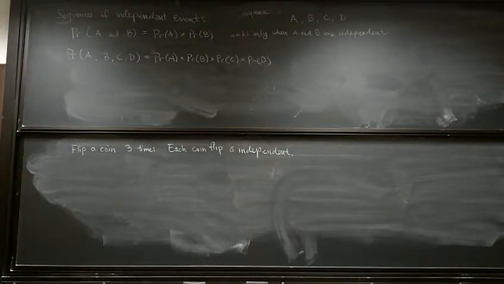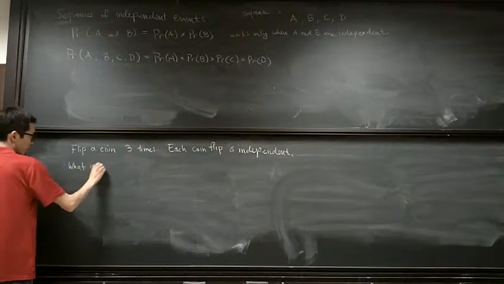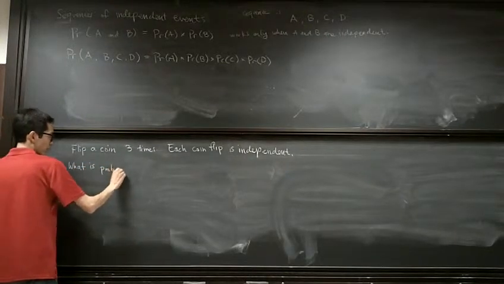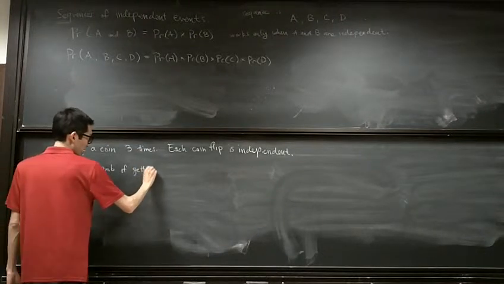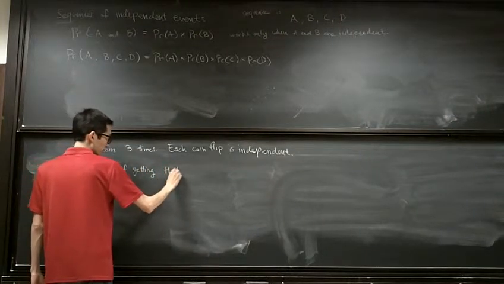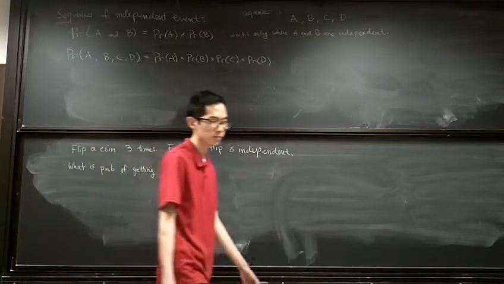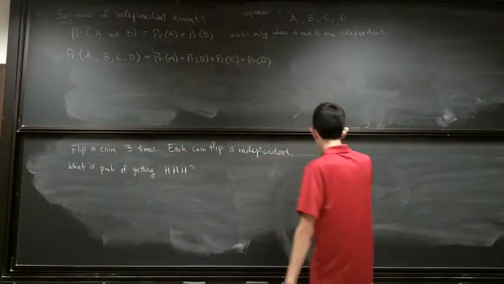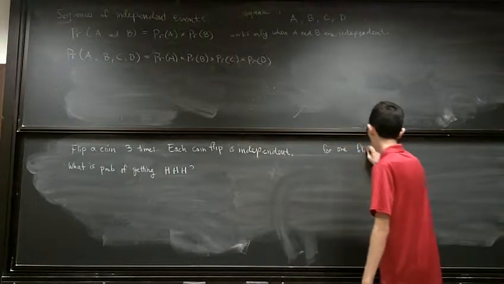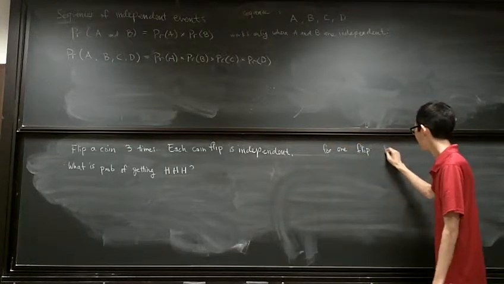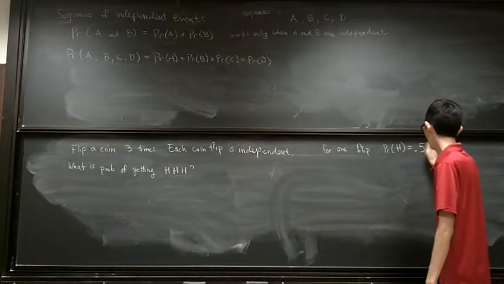Okay, so I'm going to ask, what is the probability of getting heads, heads, heads? For one flip, I think we already know this, but I will put it on the board. For one flip, the probability of getting heads is 0.5.